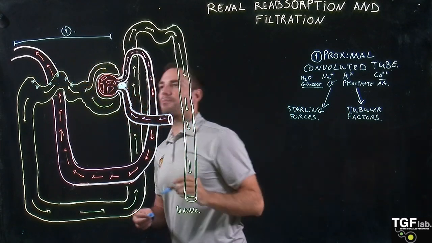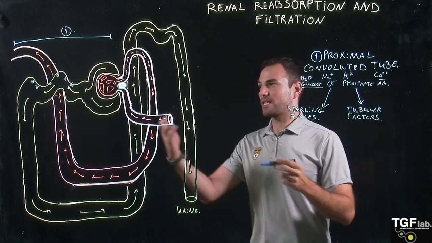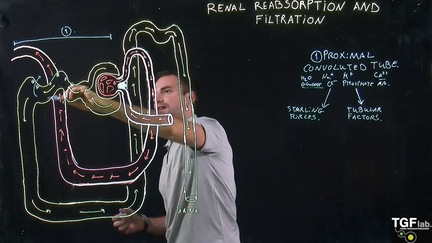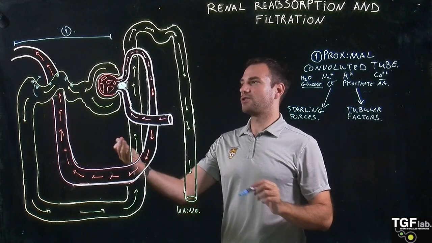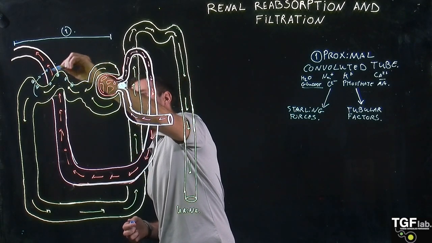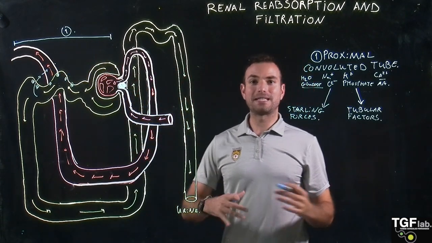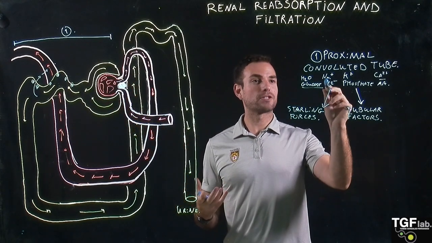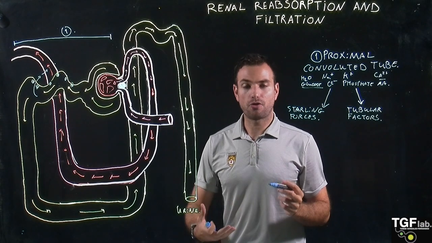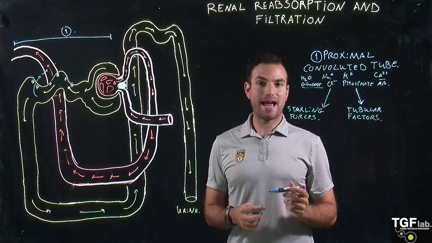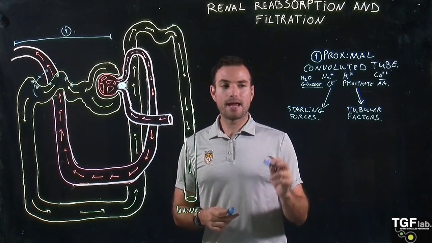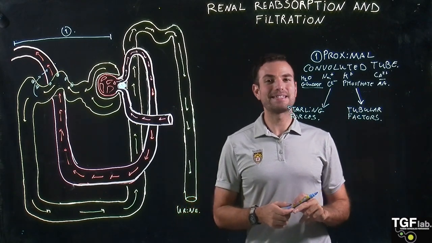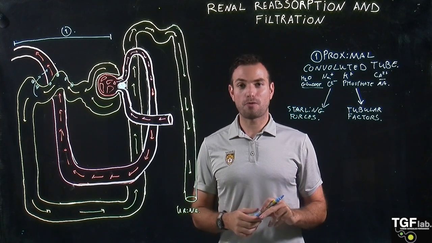These transporter proteins are going to transport glucose. So the glucose is going to leave the tubular fluid and is going to be reabsorbed into the bloodstream. And at the same time that the glucose is leaving the proximal tubule, ions, for example, the sodium and the chloride, are also going to leave with the glucose back into the bloodstream.